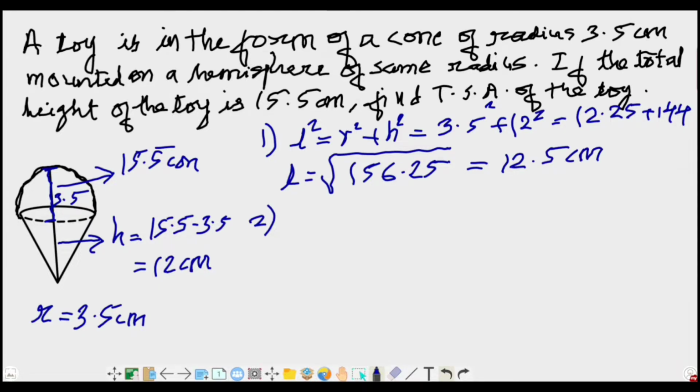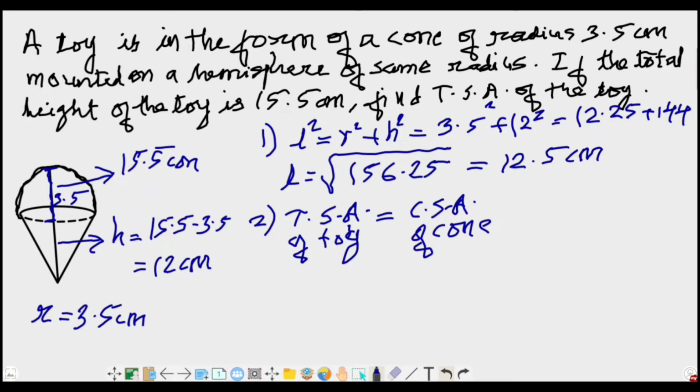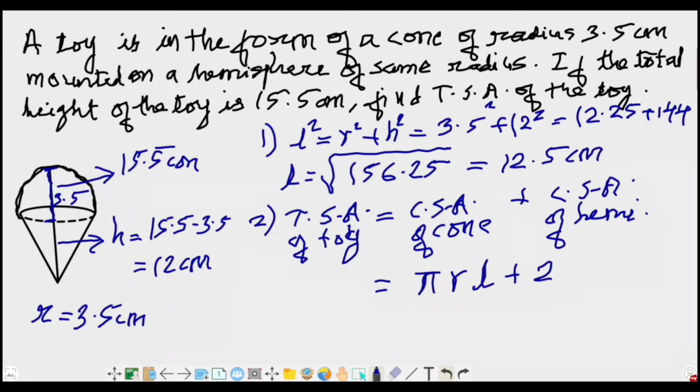Now, the TSA of the toy will be the CSA of the cone plus the CSA of the hemisphere. The CSA of the cone is pi r L, and this is 2 pi r square.